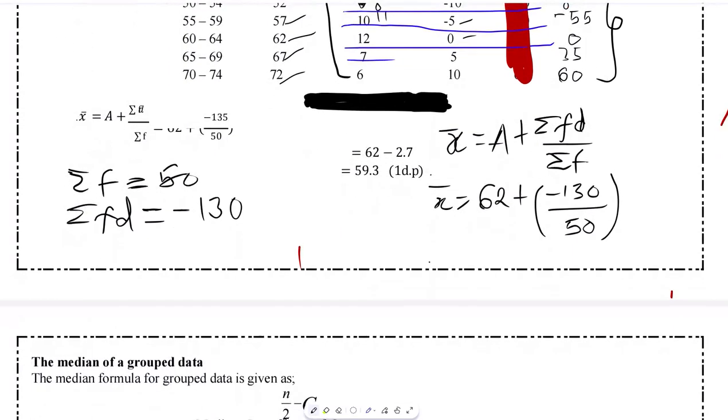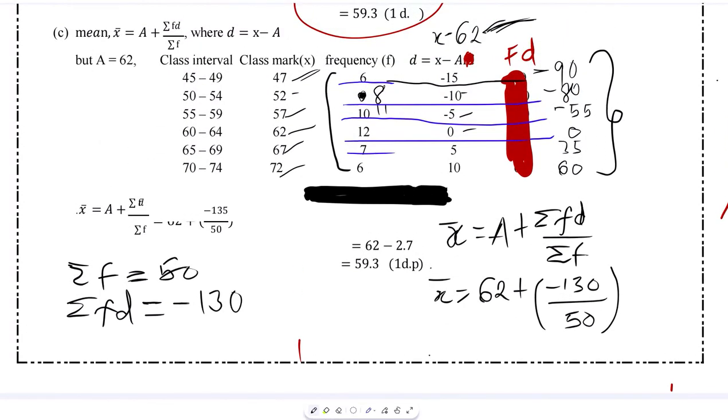All right. So this will now give us x bar equals 62 plus minus, because plus times minus is minus, 130 divided by 50. Now 130 divided by 50 will give us 2.6.